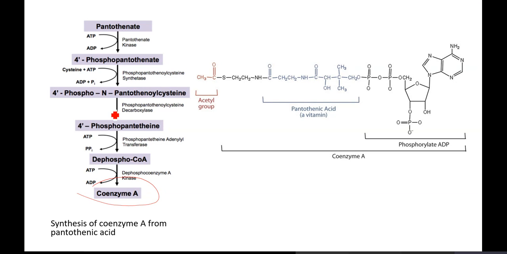So what does this coenzyme A consist of? It consists of pantothenic acid joined to beta mercaptoethanolamine, also called thioethanolamine, at one end.